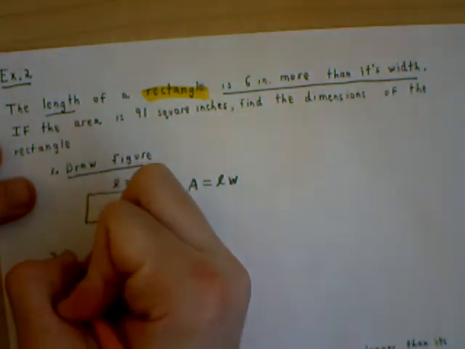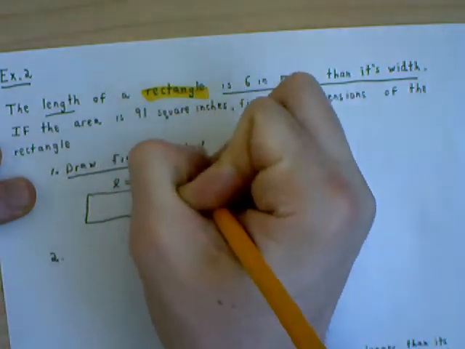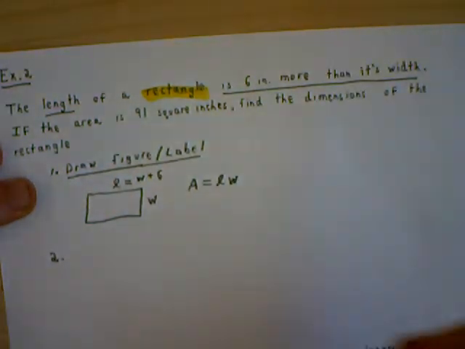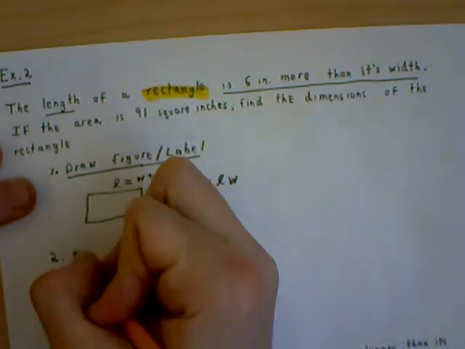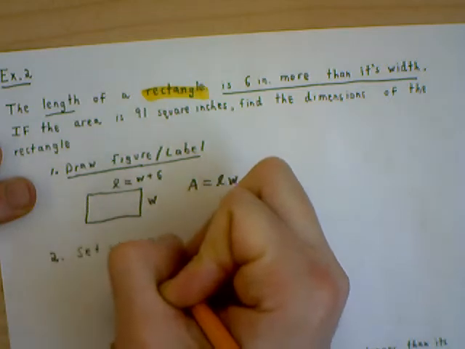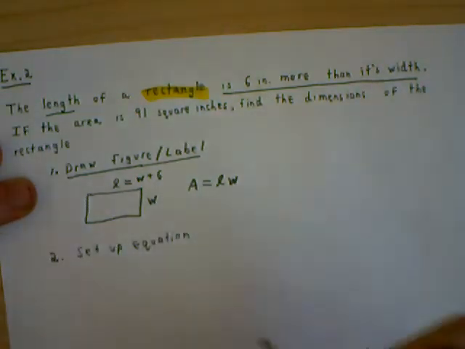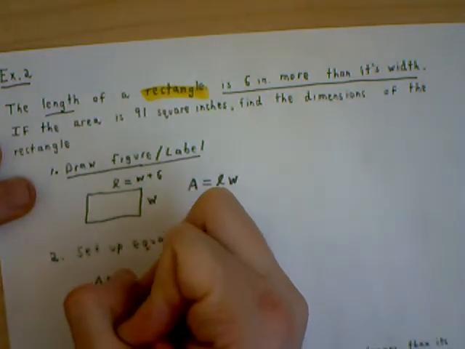So now, after you draw the figure and label, you need to set up a quadratic equation. For our equation, I know the area equals the length times the width.